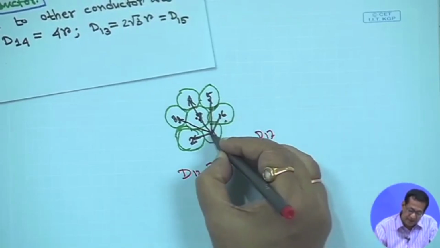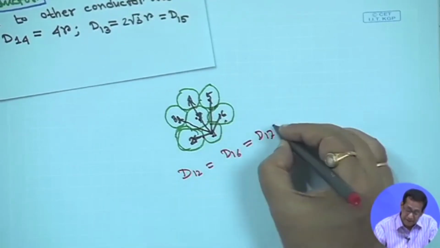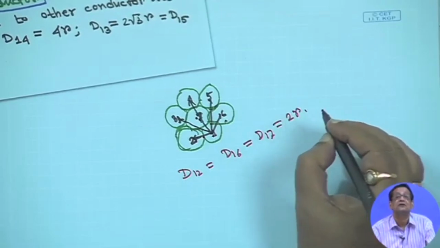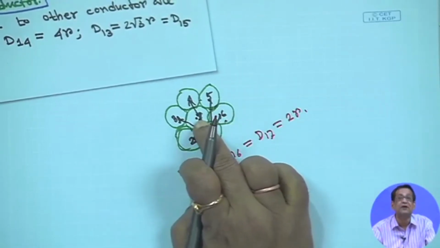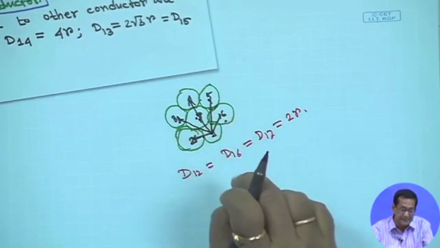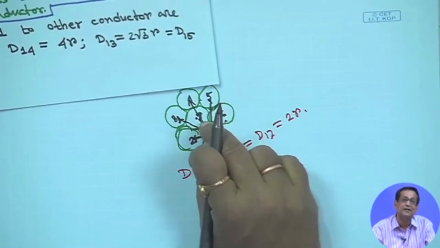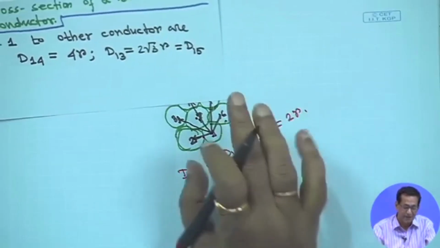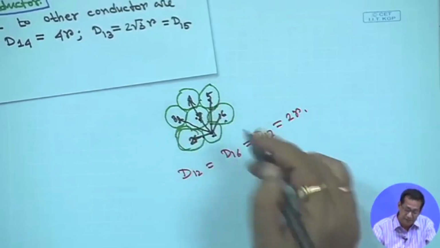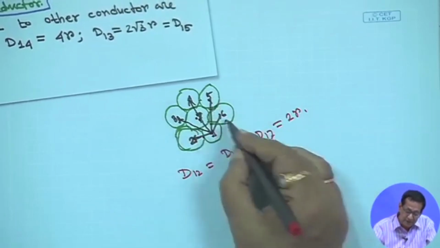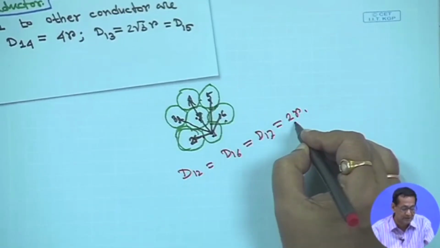From here to here it is r, and here to here r, so it is equal to 2r. This is 1, 2, 6, and the central conductor is 7. When you listen to this video, hopefully everything will be readable to you. So D12 is equal to D16 is equal to 2r.